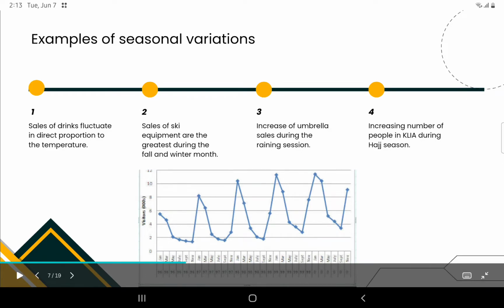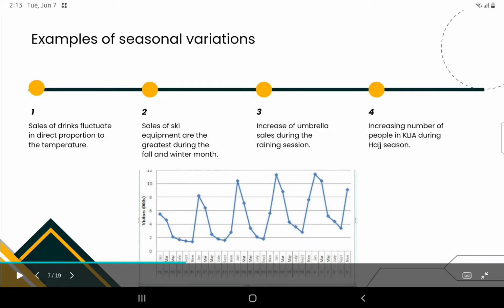Every summer, musim panas, kalau dekat negara lain ada 4 musim, summer memang setiap tahun bulan yang sama. So each summer the sales of drinks will increase. Nanti kita boleh nampak graph will fluctuate each summer, every year. So the movement repeats the pattern.